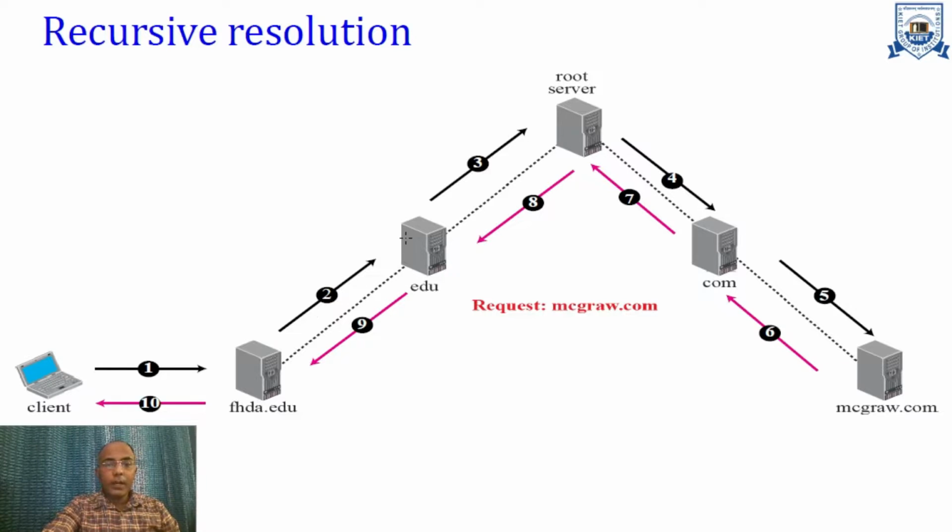So the request is forwarded to edu, the edu forwards it to the root server, the root forwards it to the .com server, and it reaches magro.com. Magro is an inverse domain. The IP address is resolved and the path is tracked back to the client. This is known as recursive resolution, a chained resolution.